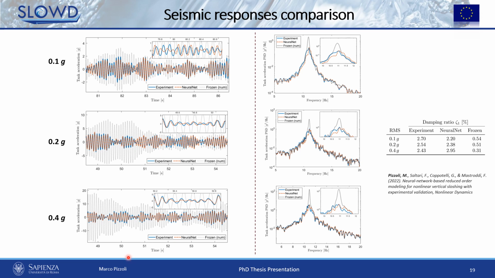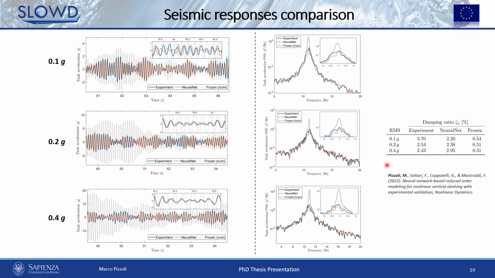And it can be seen specifically from the frequency results, so on the right, how even for this load case, the network is able to well estimate the sloshing-induced damping, and in fact, at the first mode of vibration here, the peaks are at approximately the same level, and obviously below those of the numerically calculated frozen case.